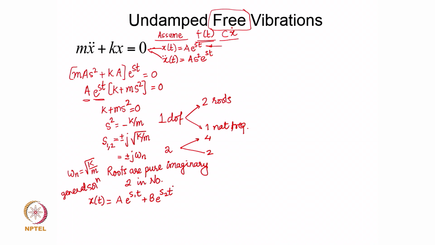A and b are just arbitrary constants. So, do not confuse this a with this a. A and b are two new arbitrary constants.